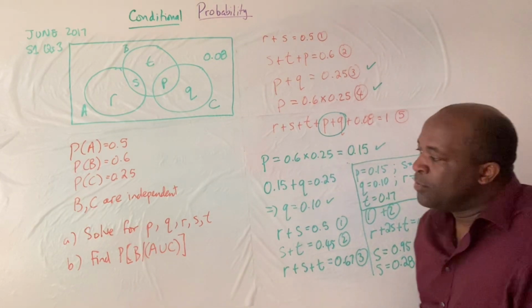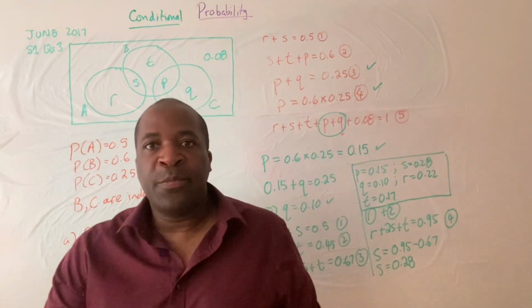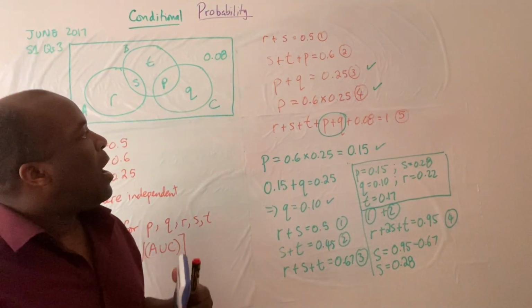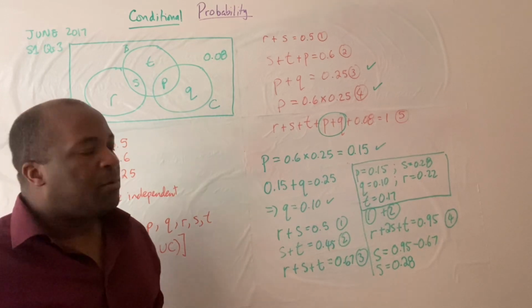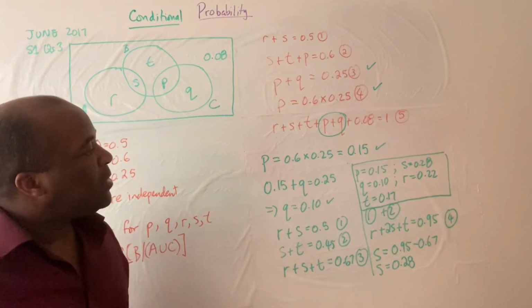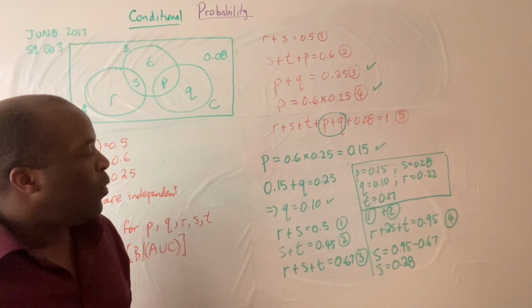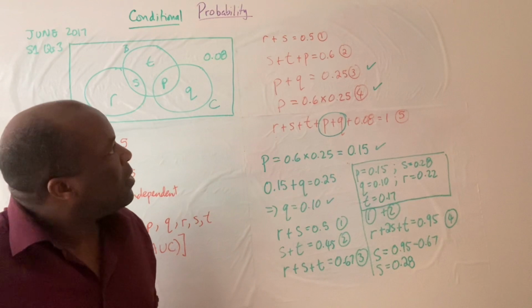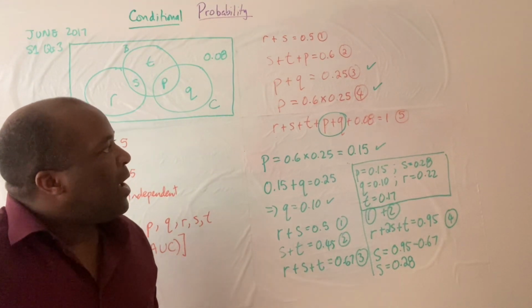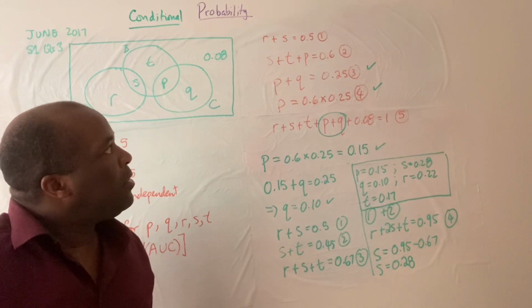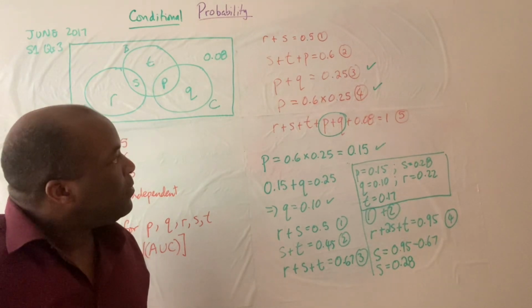Okay, so notice again, just to reflect on the approach. The approach was using the properties of probability along with the information given to us in the question. We went about to set up five equations, and then saw how best we could work out the unknown values.